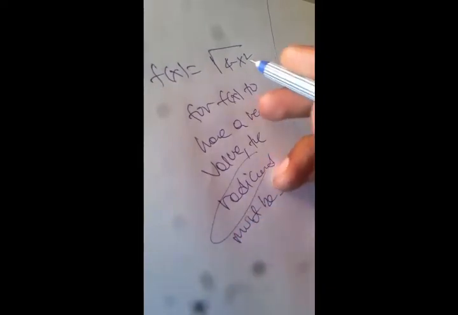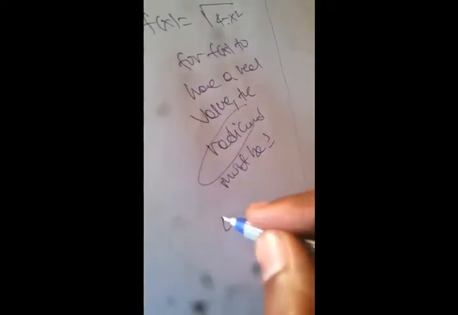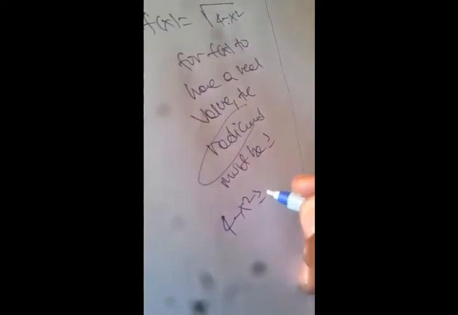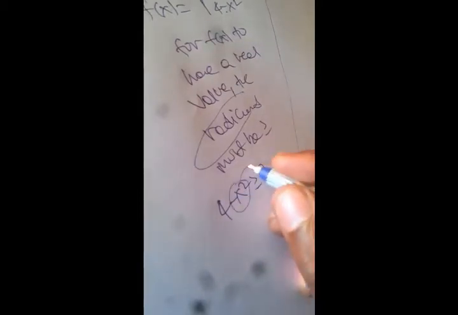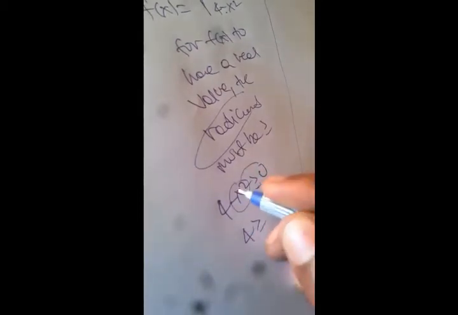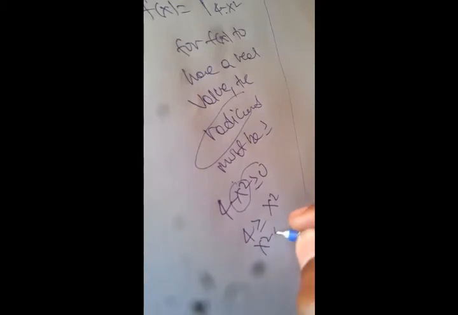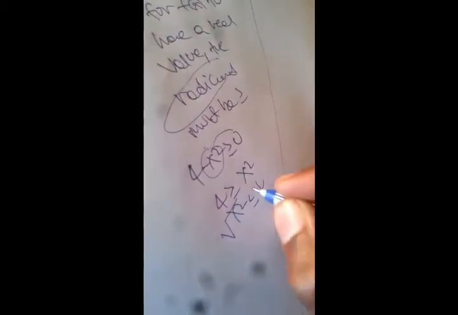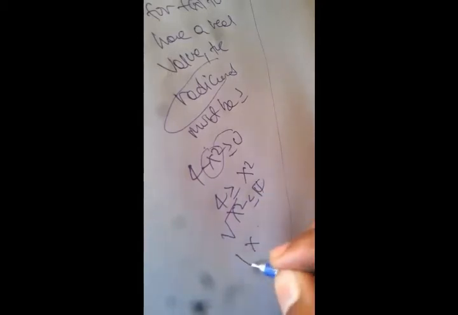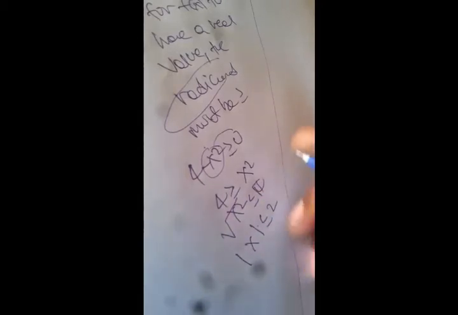That means 4 minus x squared must be greater than or equal to 0. When we bring x squared to the right, it becomes positive. So when we reverse, 4 minus x squared greater than or equal to 0 becomes x squared less than or equal to 4. Therefore, under the square root, the absolute value of x is less than or equal to 2.